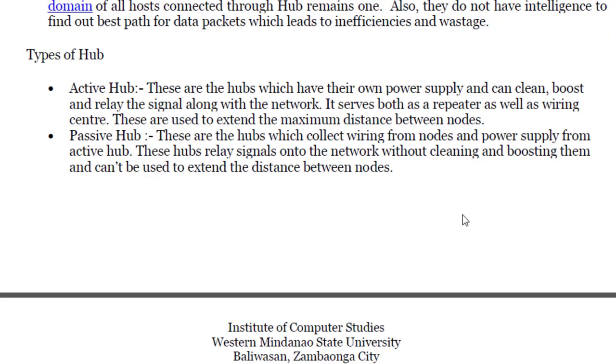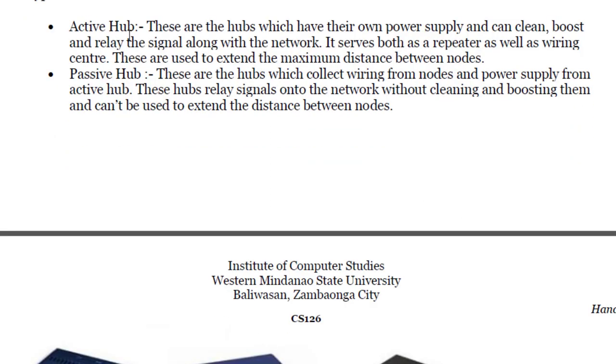Now, there are two types of hubs, the active hub and the passive hub. The active hubs have their own power supply and can clean, boost, and relay signals along the network. It serves both as a repeater as well as a wiring center. These are used to extend the maximum distance between nodes.